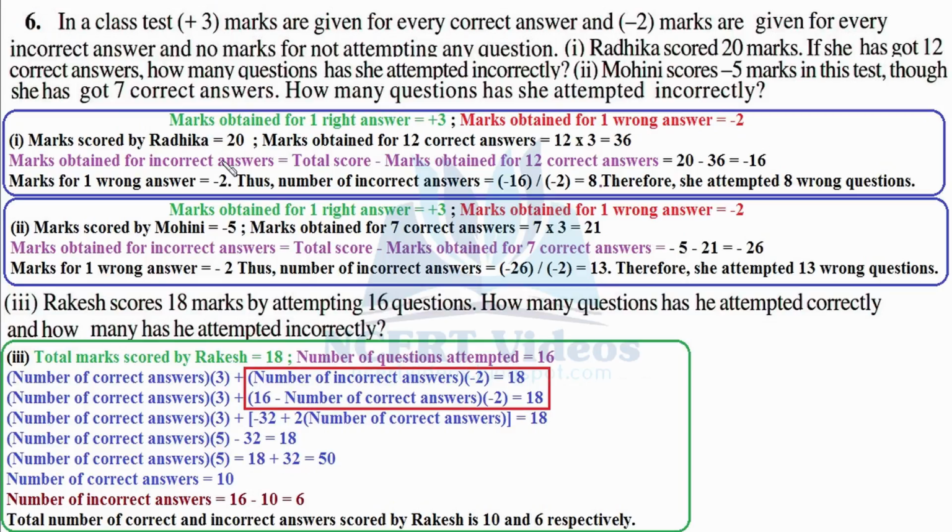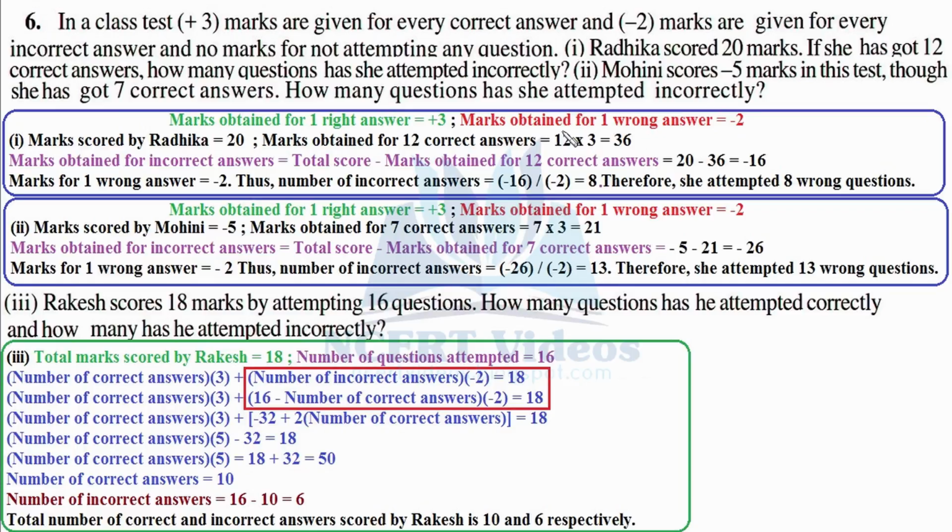So the total marks she obtained for incorrect will be her total score minus marks obtained for 12 correct answers. So her total score was 20 and she attained 12 correct answers. That is 36 marks. Why we are using marks? Because everything provided to us is in terms of marks.